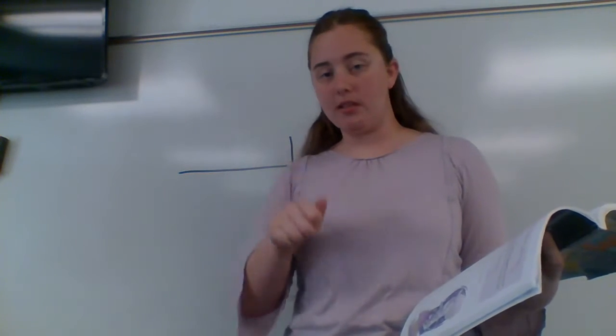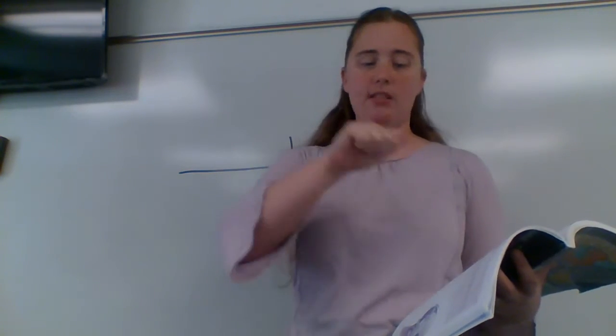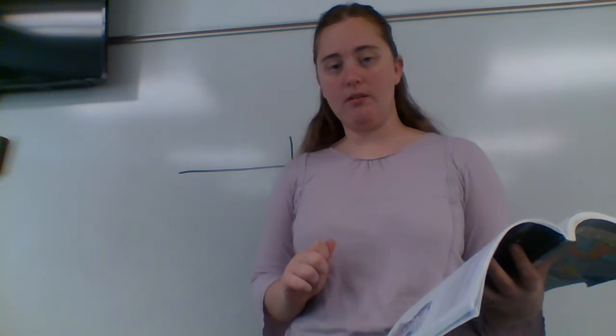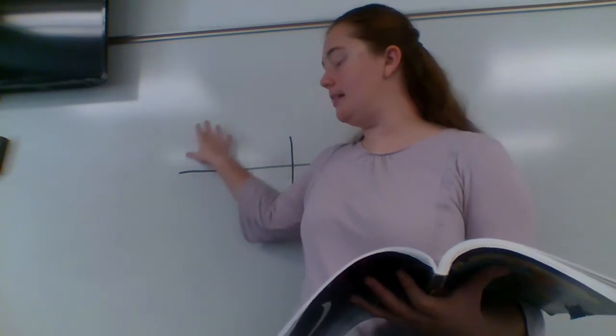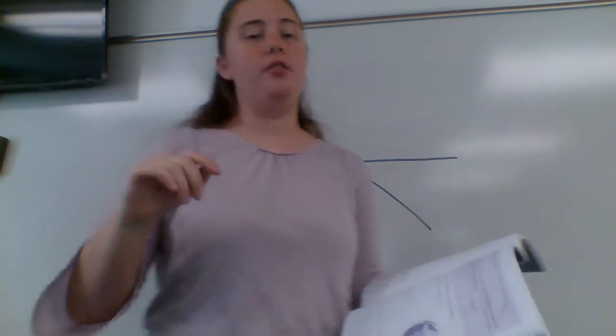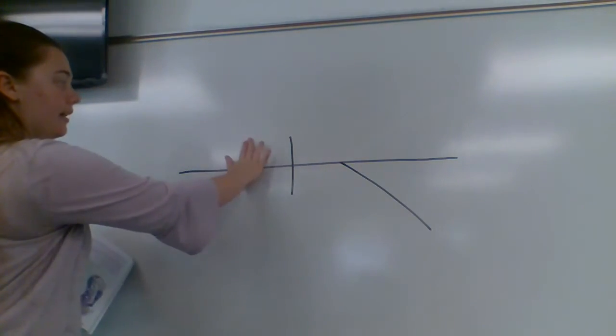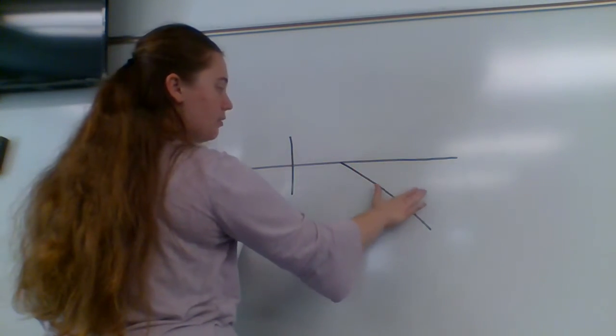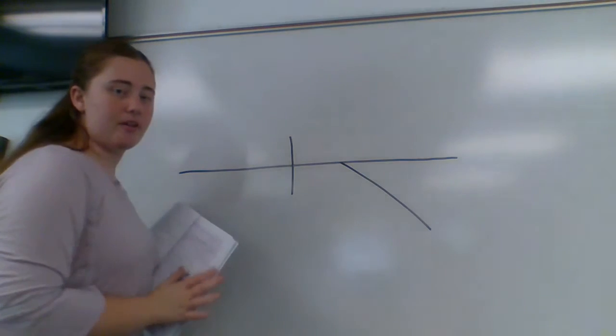So circle the word slowly and draw a line from slowly to poured. And draw an arrow, not a line, draw an arrow from slowly to poured. And on my diagramming line, you're going to write Molly right here, and then poured right here, and slowly right here. So let's get it written up there.